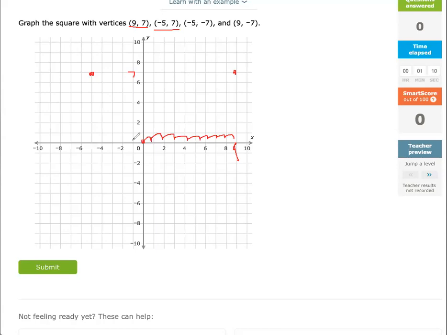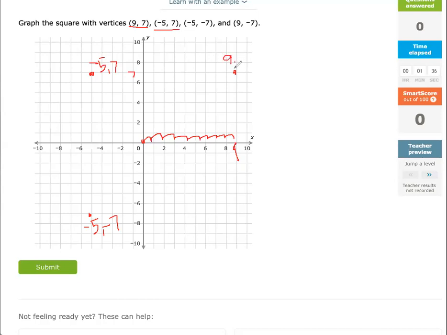Okay, next one is going to be -5 and -7. So that's going to come over to the left 5. So it's negative, then going to my left, and then going down to -7. Okay. So let me just mark it out for you right there so you can see it. Going back to the last one, -5, 7.